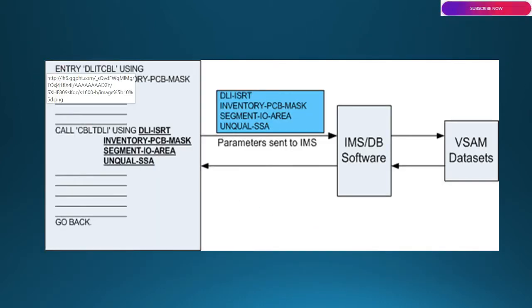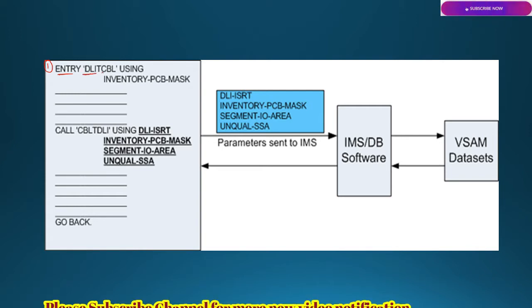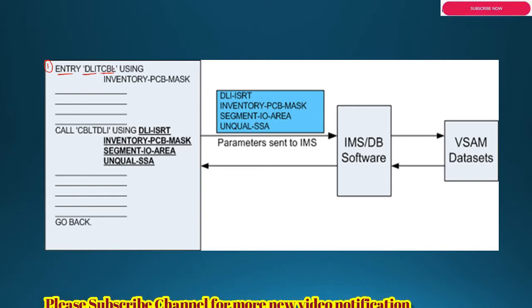Here we have the execution process, meaning how it happens. It is not fully shown here, but I will tell you as much as is here. The first statement is the entry statement in the COBOL IMS program. It returns the control from DLI services to COBOL.